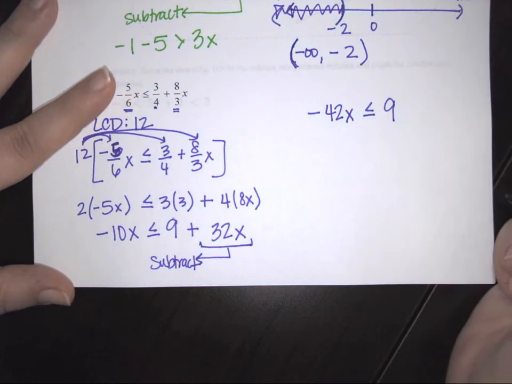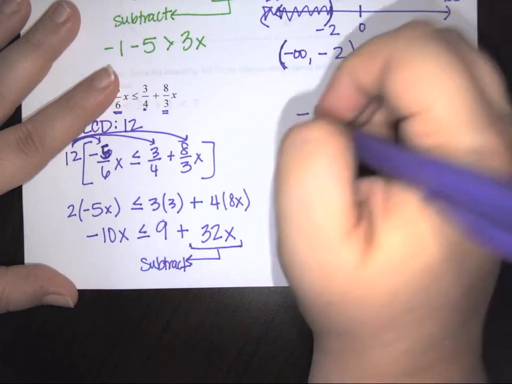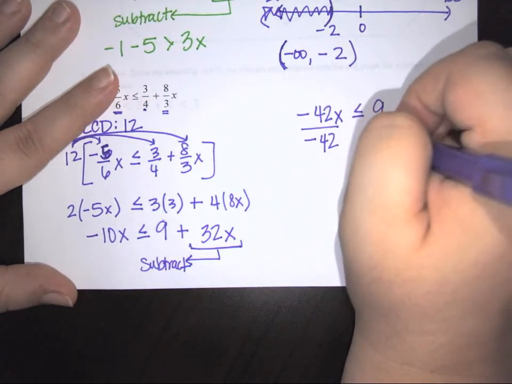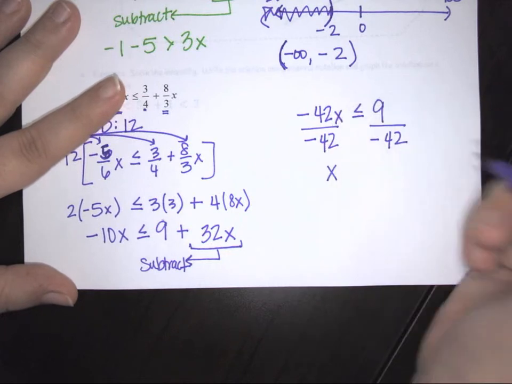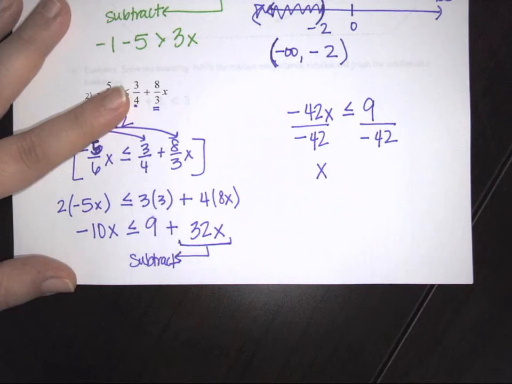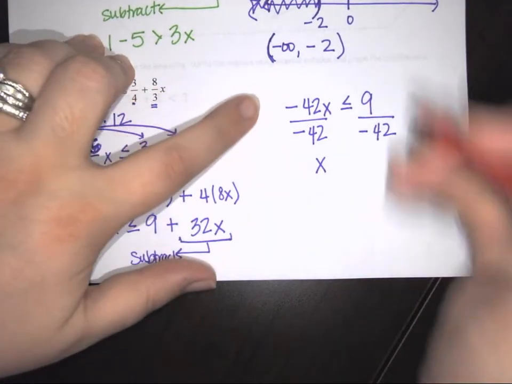I need to get x by itself. So in this case, I have to divide both sides by a negative 42. Gives me an x on its own. I'm dividing by a negative, so in this case, this means that I have to flip my sign.